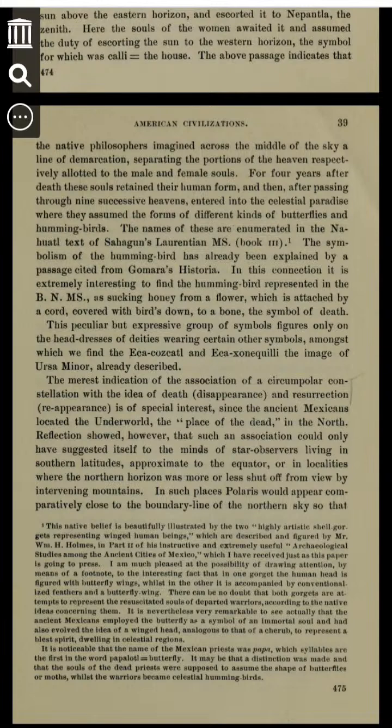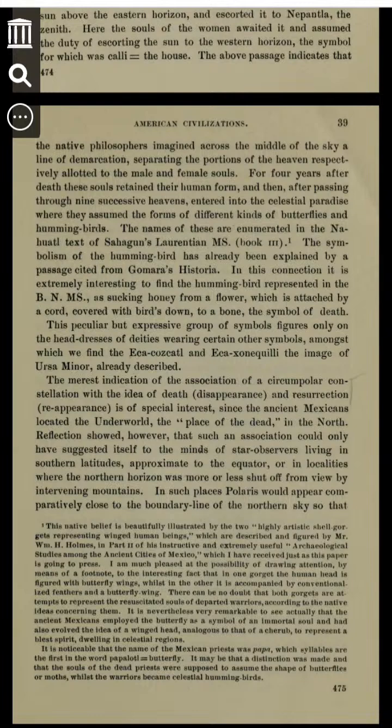This peculiar but expressive group of symbols figures only on the headdresses of deities wearing certain other symbols, amongst which we find the Eka Kazkak and the Eka Shonquilili, the image of Ursa Minor I had already described.